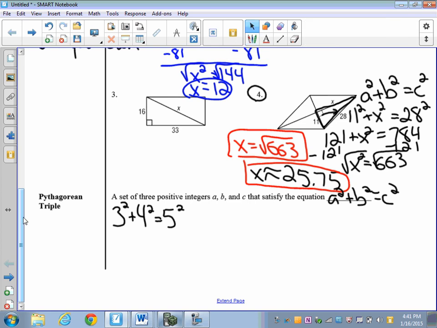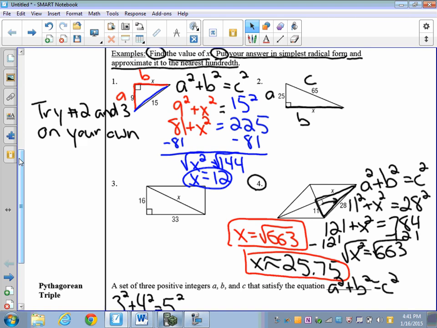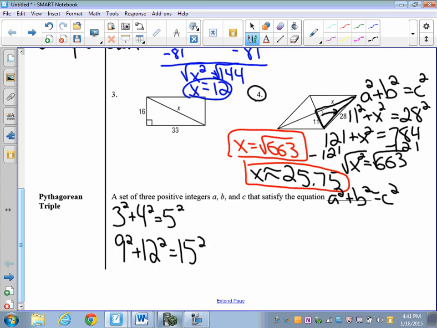A lot of times we don't have them, like 1128 and the square root of 663, but they do pop up. Number 1 was a Pythagorean triple because we had 9, 12, and 15. That was another one. So 9 squared plus 12 squared is equal to 15 squared. So just keep those in mind.